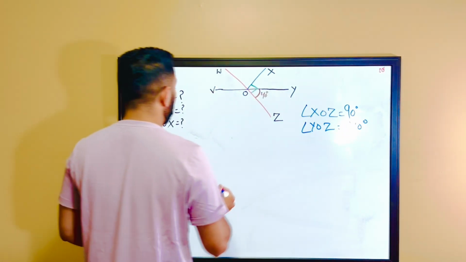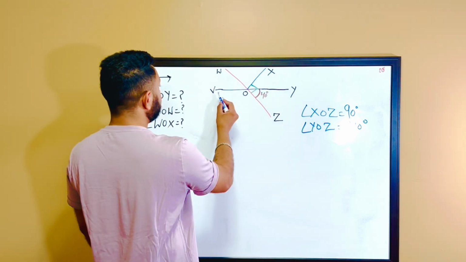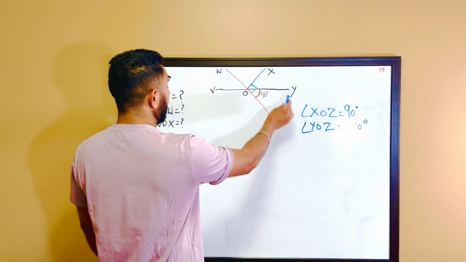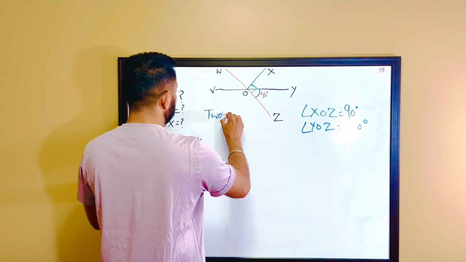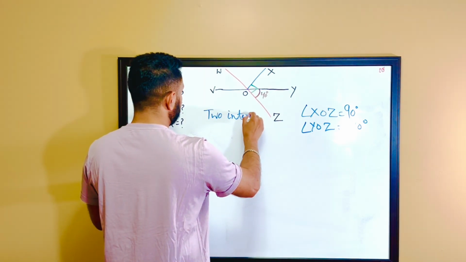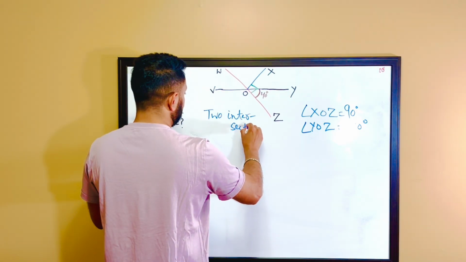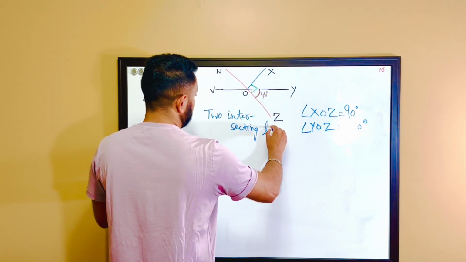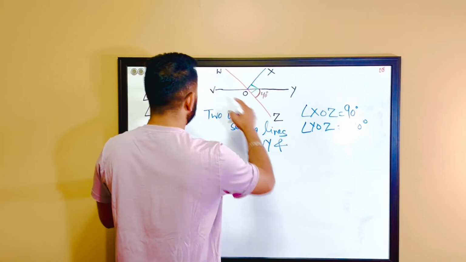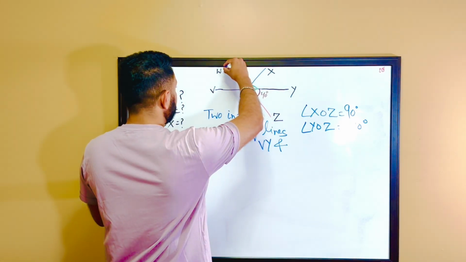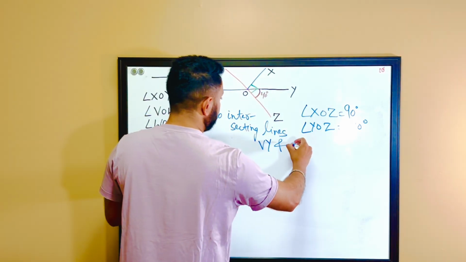And also we are given two intersecting lines, VY and WZ.